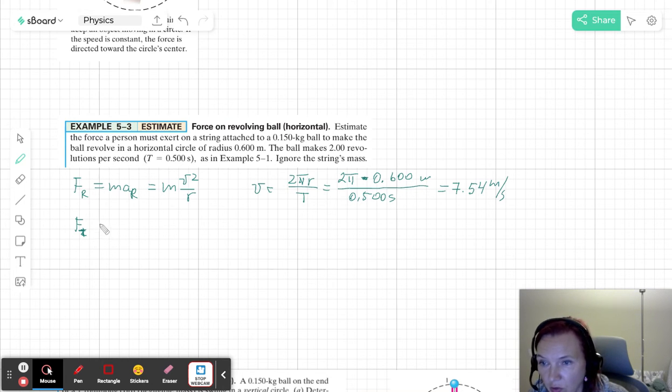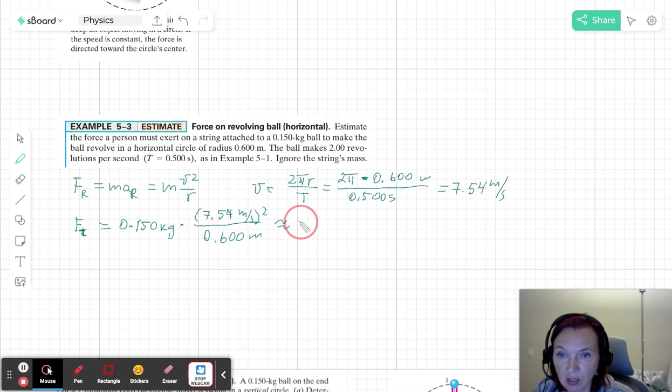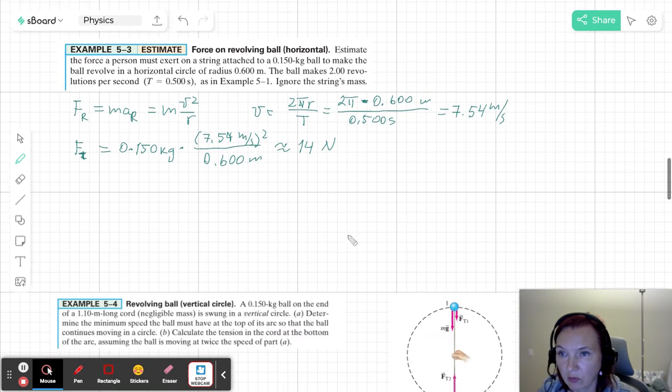So the tension is going to be the mass, which is 0.150 kilograms, times v squared, which is 7.54 meters per second squared, divided by the radius, which is 0.600 meters. Once we do all the calculations, we should get approximately 14 newtons. So that is our answer for this problem, and we are going to look at some similar problems.